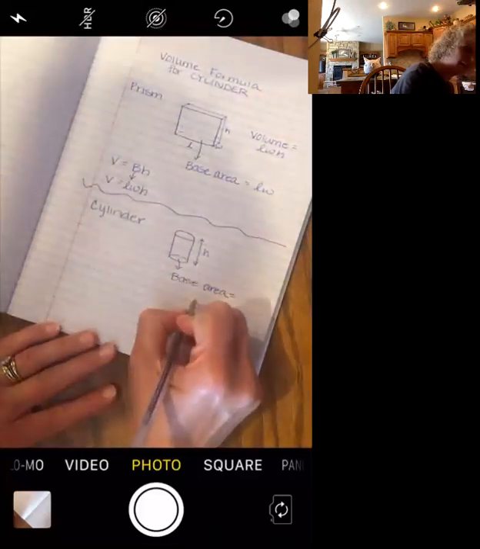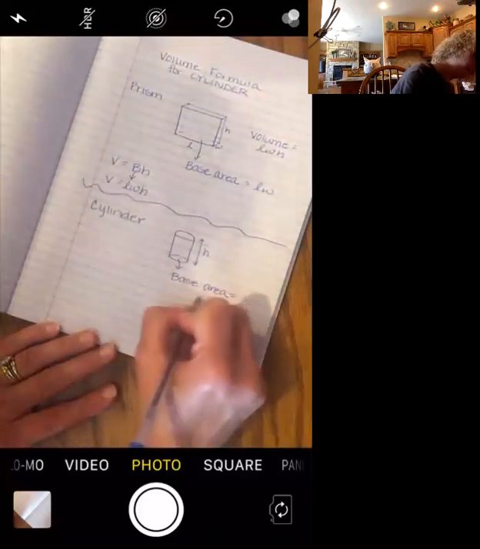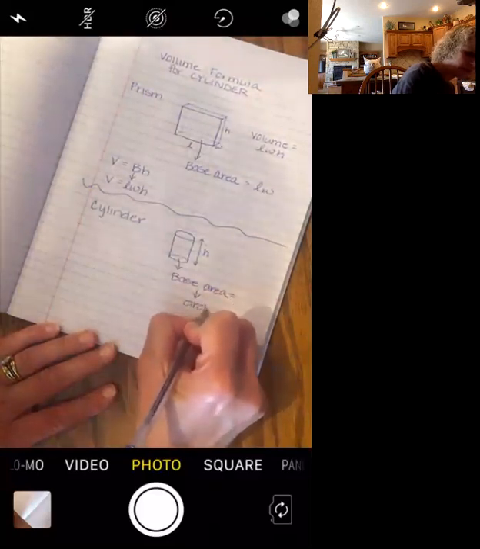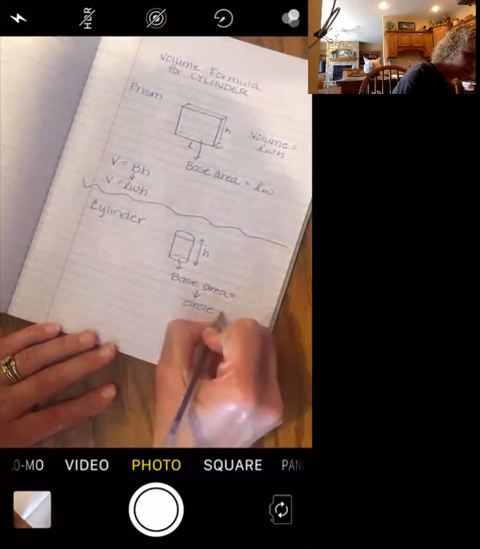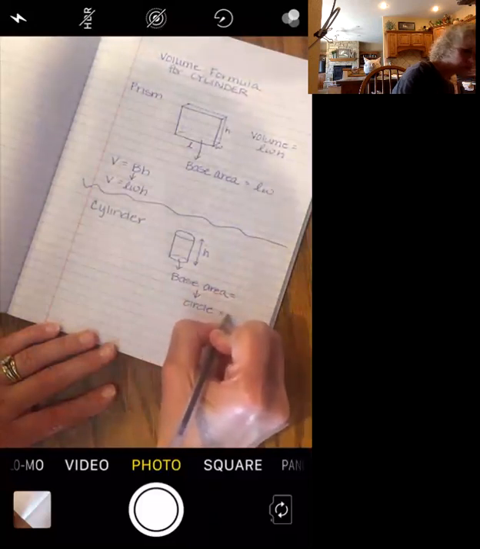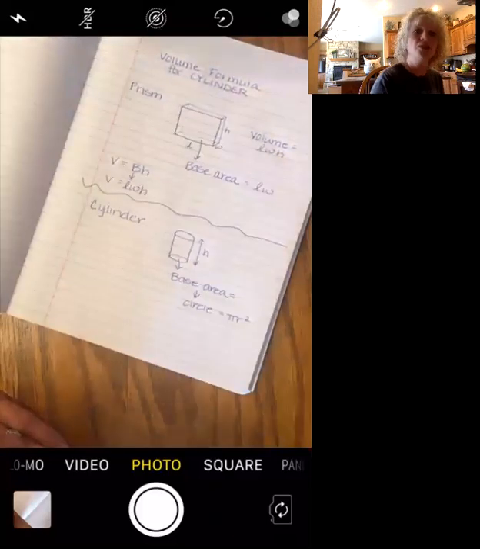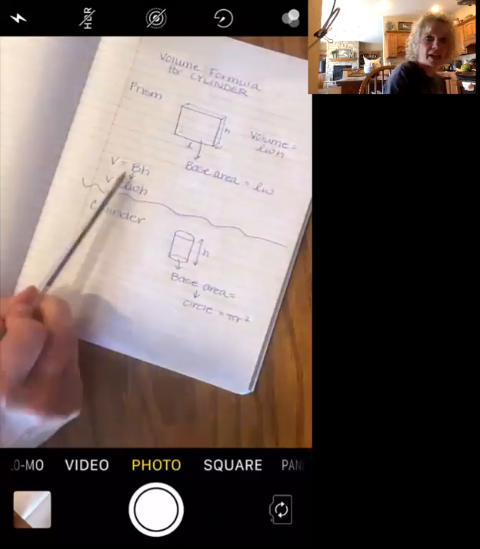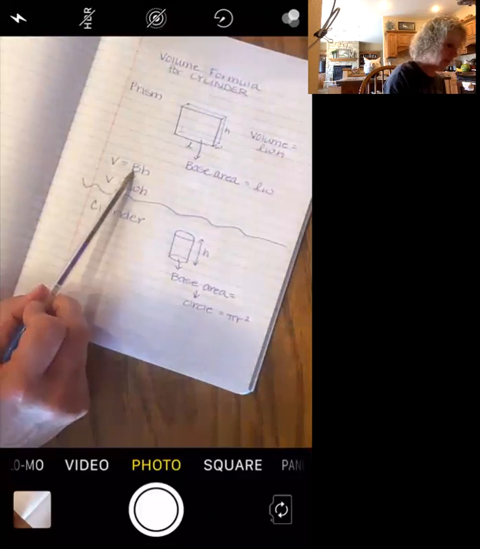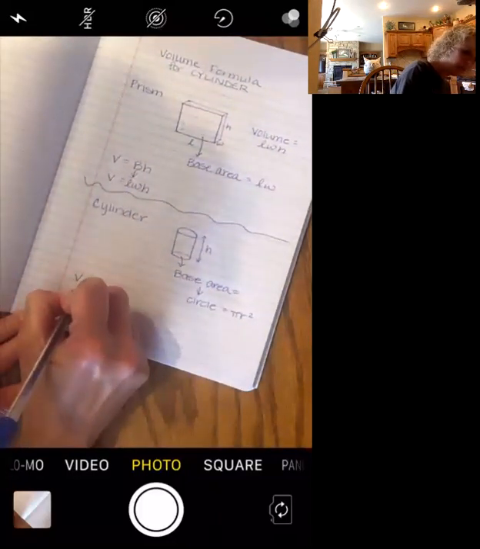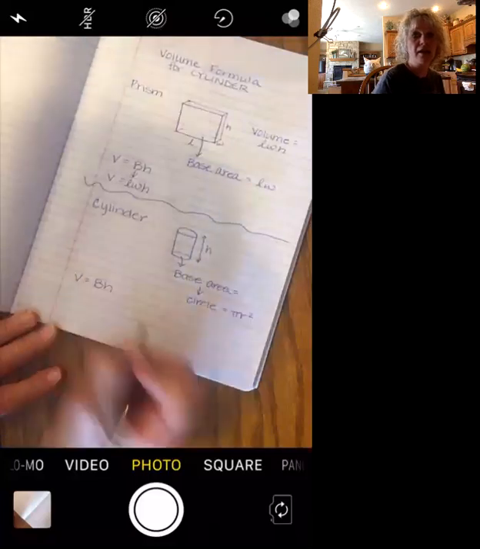If you said the area of a circle, let's just go ahead and put here. The base area is a circle, so the area would be pi r squared. You are correct. So now let's go back to our generic volume formula, which is volume equals the base times the height.